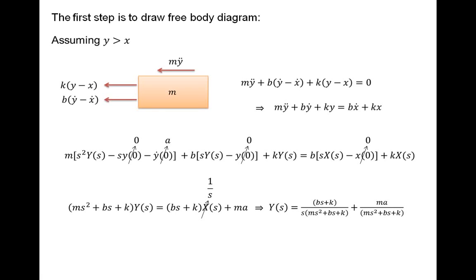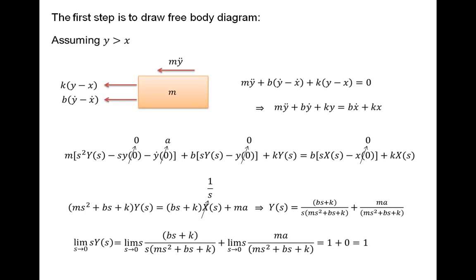To find the final value, I use the final value theorem, which says the limit of s Y(s) when s goes to 0 is equal to the limit of y(t) when t goes to infinity. By doing this limit, I multiply s by this fraction. You can see this s will be cancelled out with this s, and if I put s equal to 0 here and here, I will have k over k, which is equal to 1.